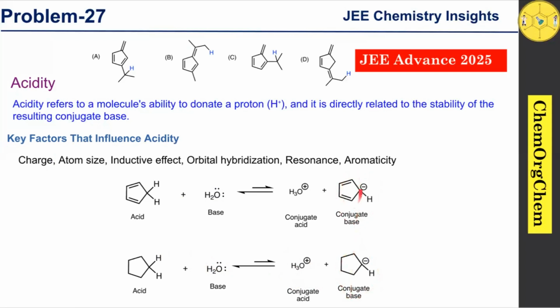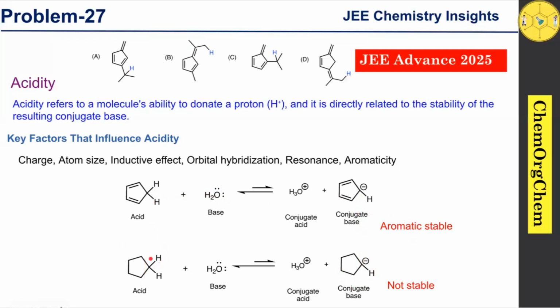This conjugate base is highly stable since it fulfills the Huckel rule of aromaticity. Therefore, this cyclopentadienyl anion is aromatic and stable, but this particular conjugate base is not stable. Based on conjugate base stability, we can say that this hydrogen atom is more acidic when compared to the hydrogen atom in this compound.